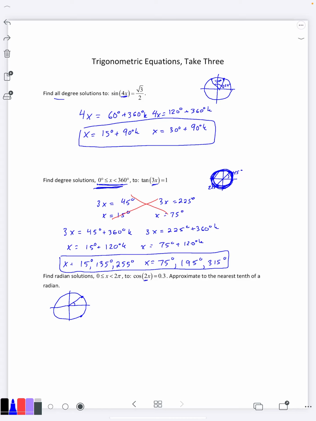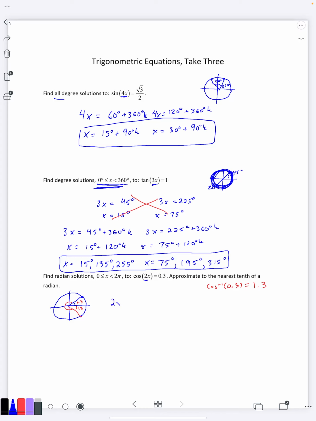We're going to put our calculators on radian mode, and then we're going to do cosine inverse of 0.3. This will give us the reference angle, and I get 1.3 radians. And if that's 1.3 radians, then the other one would be 2 pi minus that.